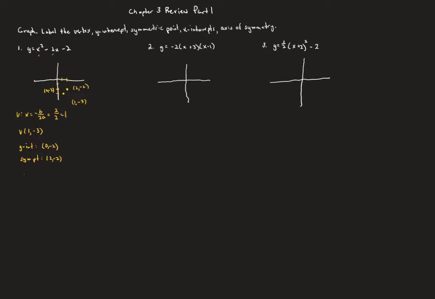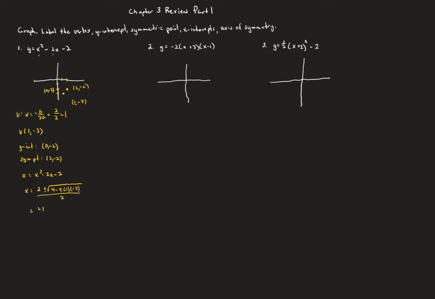The x-intercepts here are going to be a little challenging because this doesn't factor nicely, so we're going to get stuck using the quadratic formula. So that's 2 plus or minus the square root of b squared, which is 4, minus 4 times 1 times negative 2, that's 4ac, all over 2a.